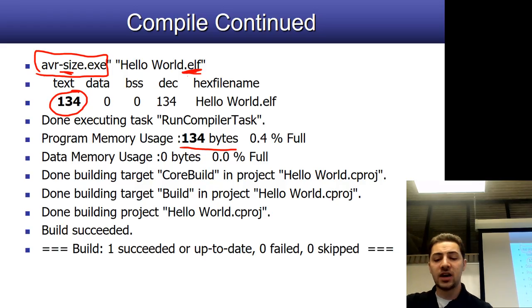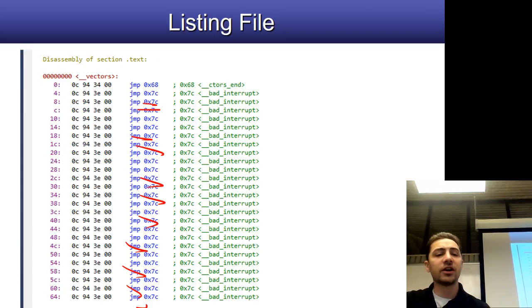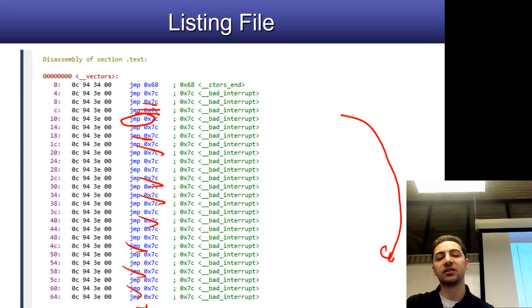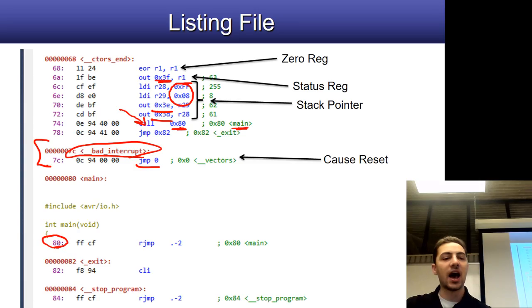All bad interrupt says is jump to 0. So if you actually look at this code, it says, jump to 7C. So it jumps down to 7C. And then it says, jump to 0. Well, jump to 0 says jump to 68, which jumps back down to here.